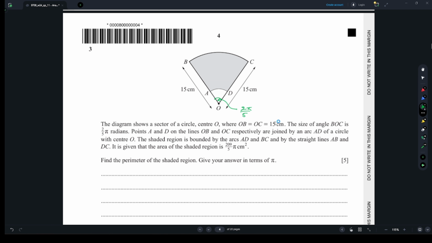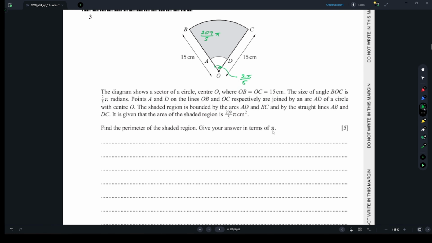It is given that the area of the shaded region is this many pi centimeters squared. So find the perimeter of the shaded region. Give your answer in terms of pi.